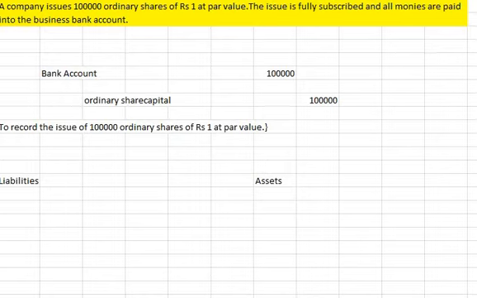So in this transaction, which is your asset? Your asset is the bank account. So on the asset side we'll be recording bank. How much amount do we have? 1 lakh.